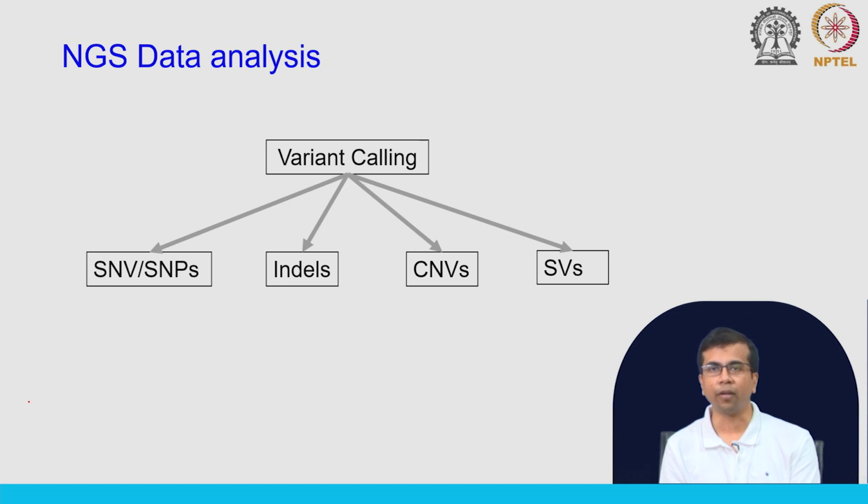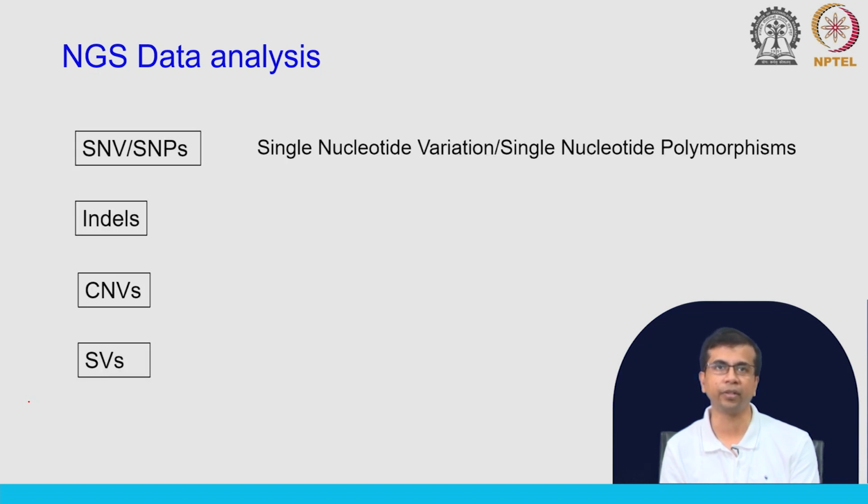So, the problem of identification of these variants is called variant calling, okay, and there are different types of variants that are possible. You have SNVs or SNPs, we have indels, we have CNVs and we have SVs. So, what are these? These are the full forms. Single nucleotide variation or SNV, then you have single nucleotide polymorphisms or SNPs.